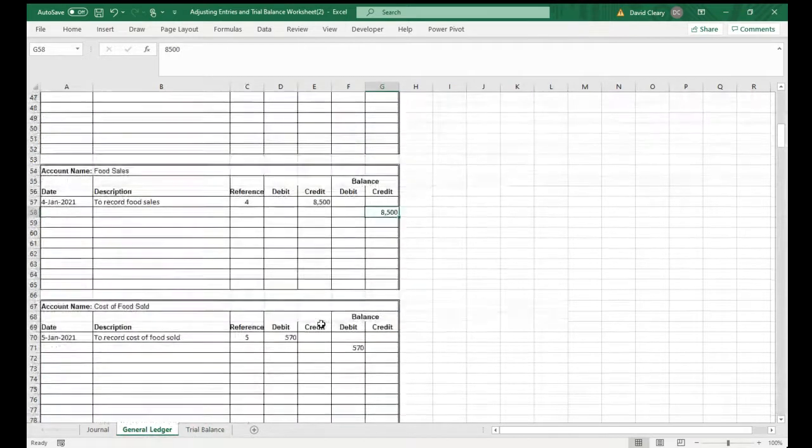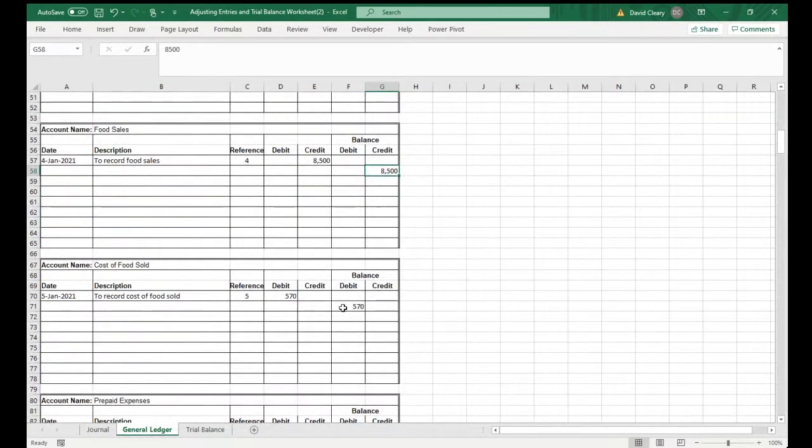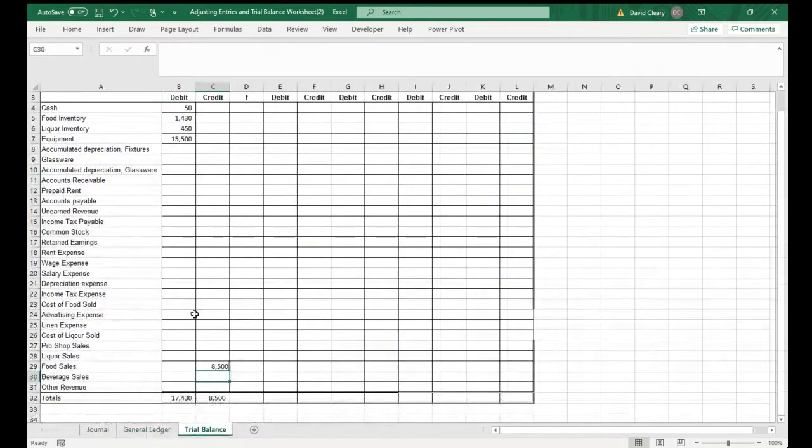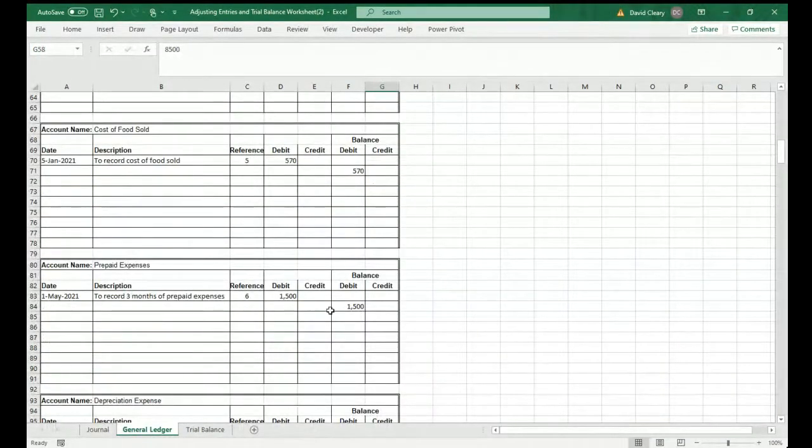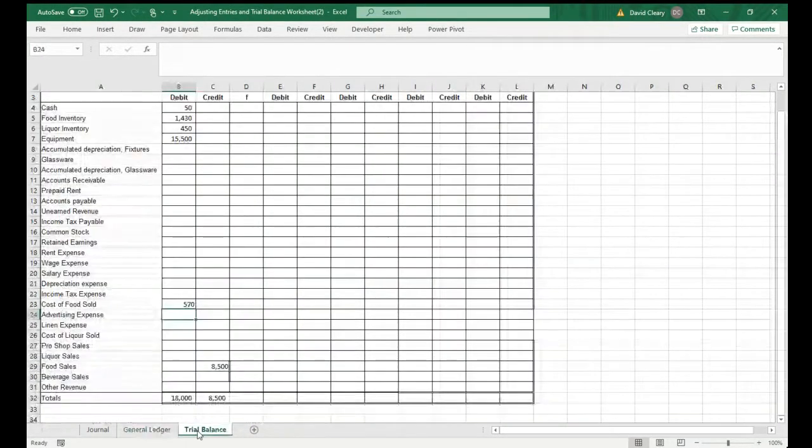Our ledger, down. Cost of food sold, the debit balance of 570. So cost of food sold, where are you? Debit entry of 570. There we go. Continue down here. Prepaid expenses, we have a debit balance of 1,500.